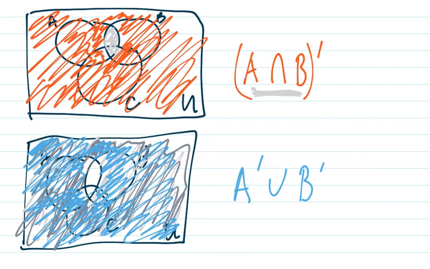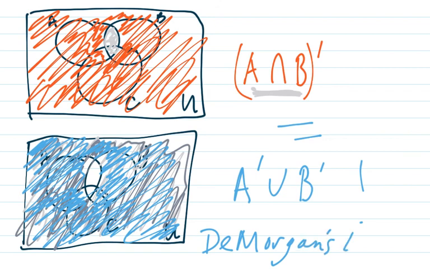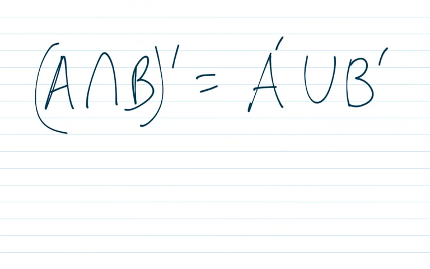So we can show in general that this is true. These two sets are equal. We call this De Morgan's law. And you can think about it as when I have this right here on the left, if I distribute this complement out to each of those sets, it changes this into a union instead of an intersection.